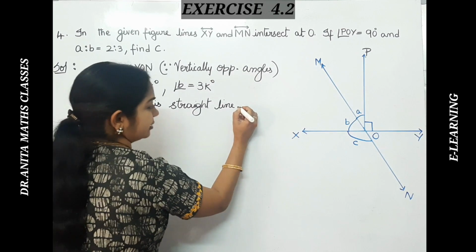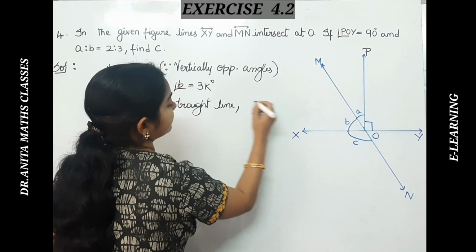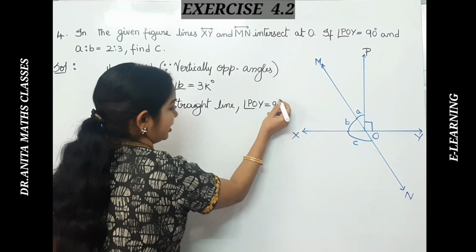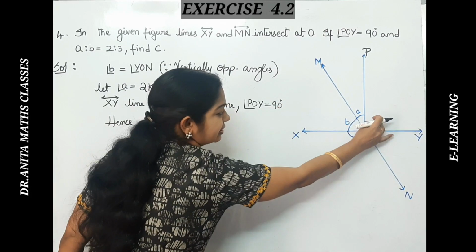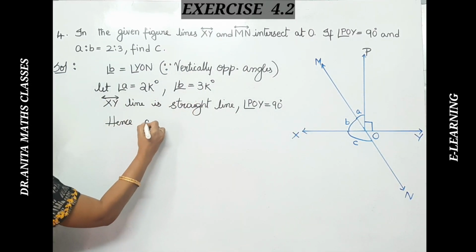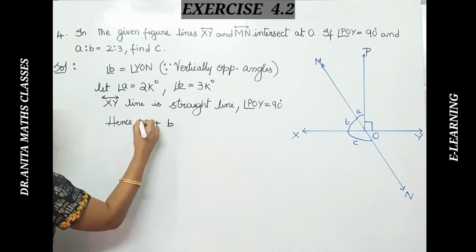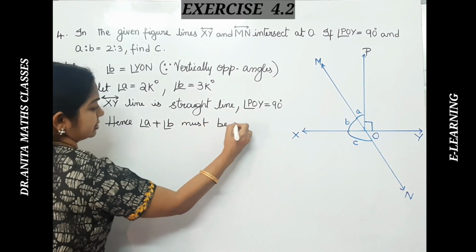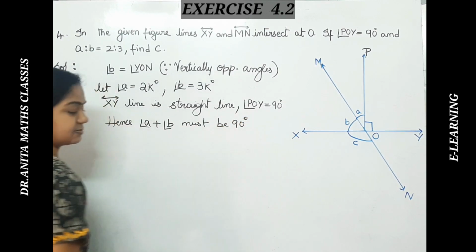And also given POY is 90 degrees. So we have this straight line, this is 90. That means these two angles together should be 90. Hence, angle A plus angle B must be 90 degrees.